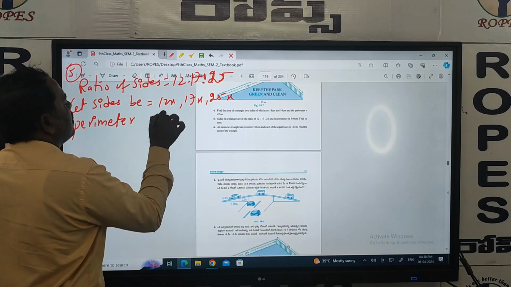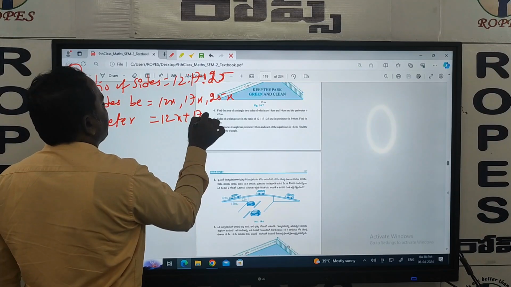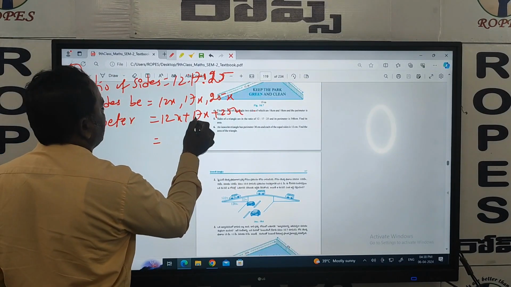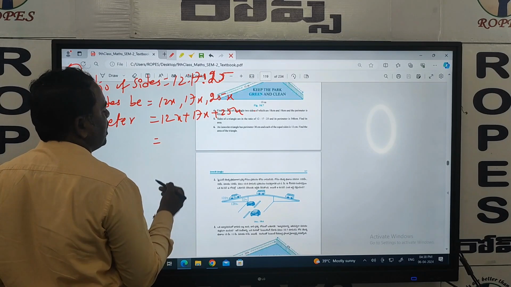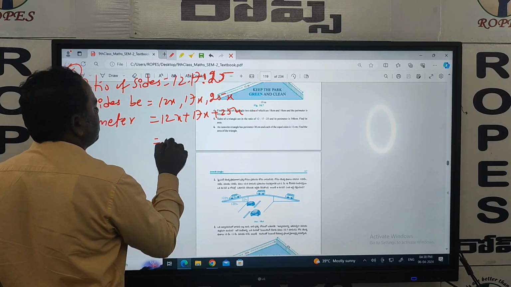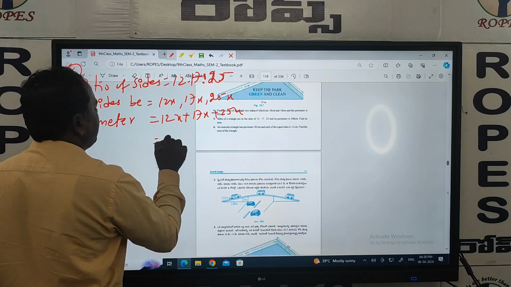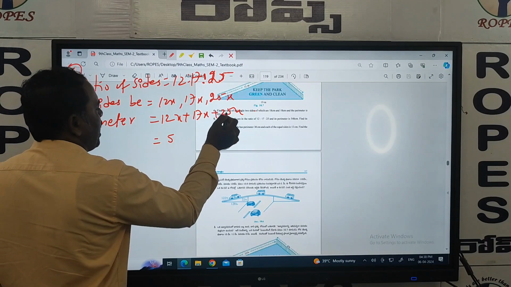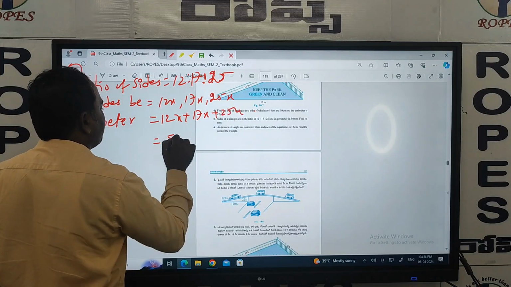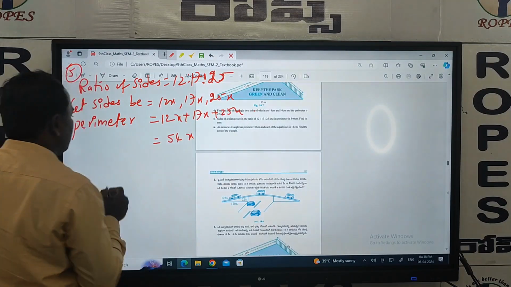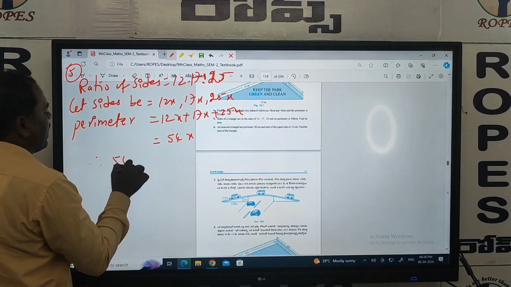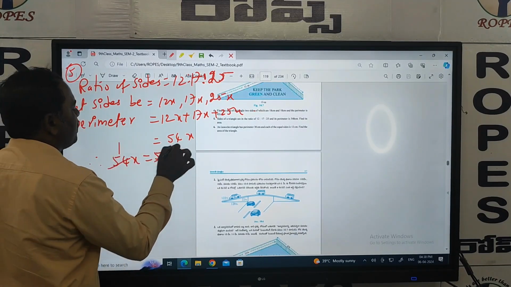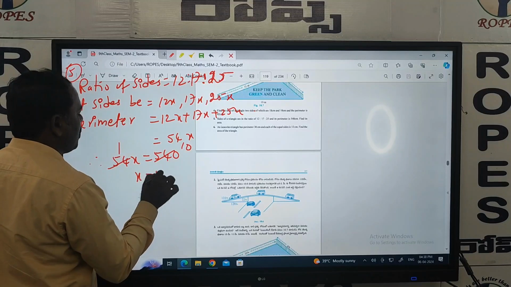Now the perimeter is equal to 12x plus 17x plus 25x. That is 12 plus 17 is 29, 29 plus 25 is 54, so 54x. Therefore, 54x is equal to 540 as given, so x is equal to 10.